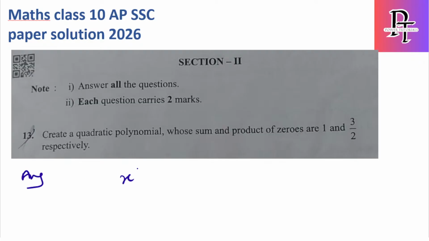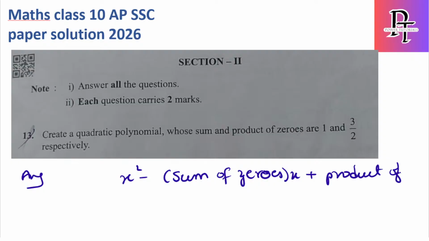The equation is x square minus (sum of zeros) into x plus product of zeros. So for this given condition, x square minus sum of zeros, which is 1, into x plus 3 by 2 is equal to 0.